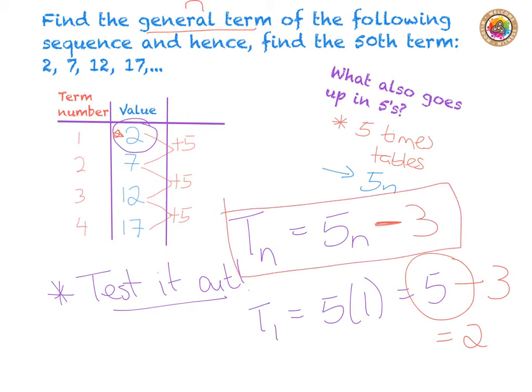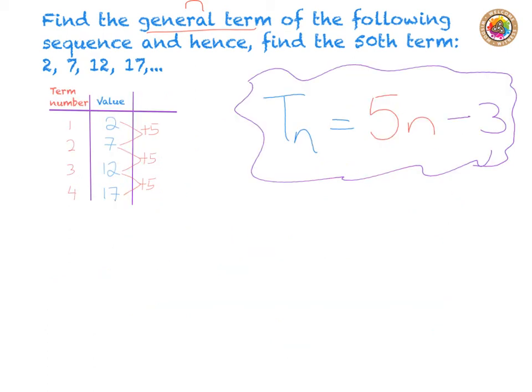But again, I'm going to test it out to see does it work. Very quickly, I'll try any of the ones from the table. This time I'm just going to try T3.